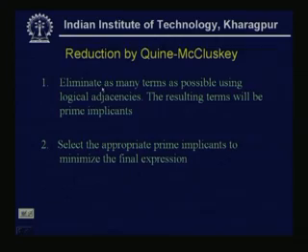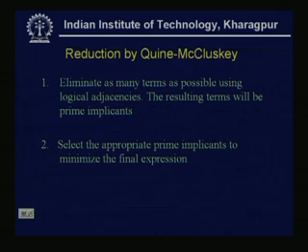So, the rule is: eliminate as many terms as possible using logical adjacencies. The resulting terms will be prime implicants. Mainly in the K-map, the reduction principle is to notice the adjacencies, because grouping is done by the adjacencies.